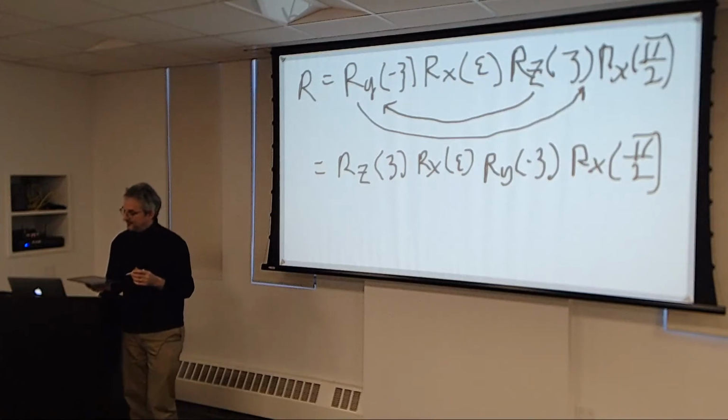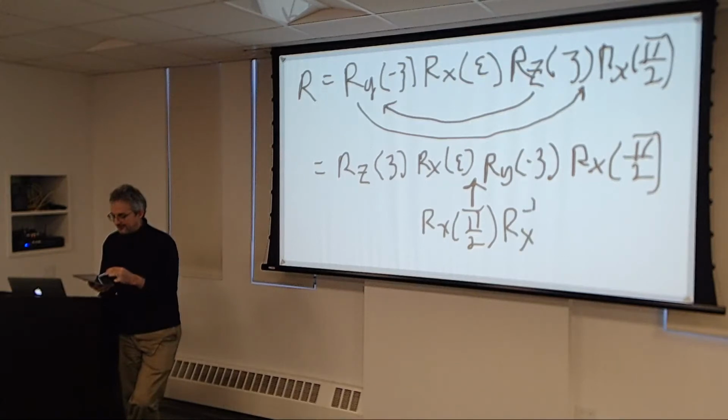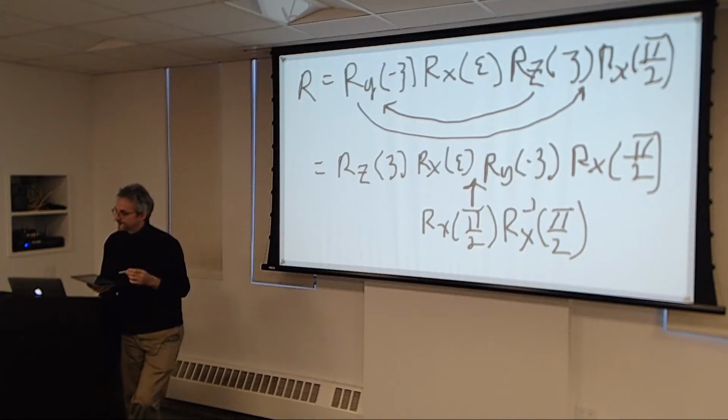And now you can probably tell I'm going to play the same game. Now I'm going to put in here Rx pi over 2, Rx to the minus 1 pi over 2. Again, the identity operation.